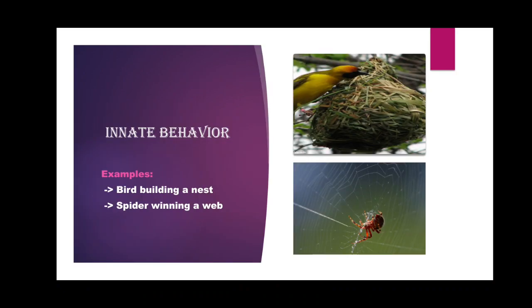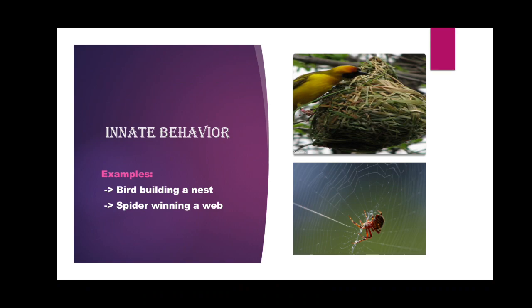Here are some examples of the innate behavior. For example, a bird building a nest and a spider weaving a web. Both these types of organisms have this instinctive behavior when they are born and it is not taught to them.